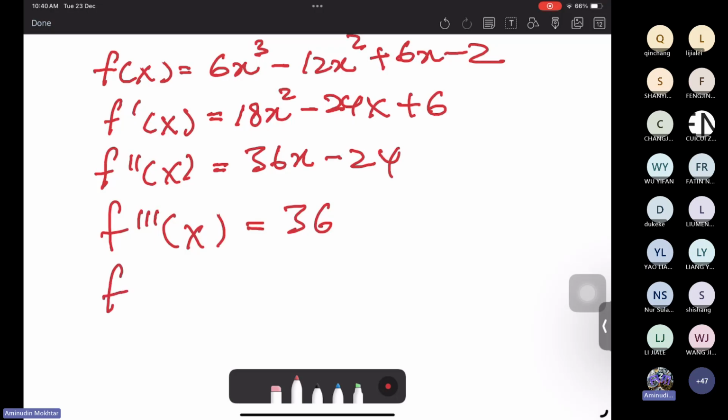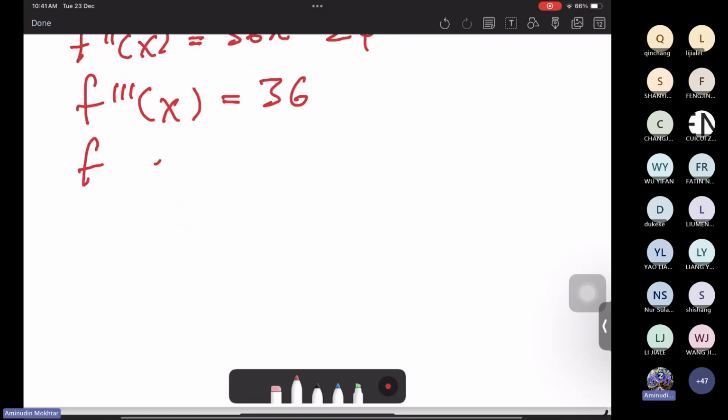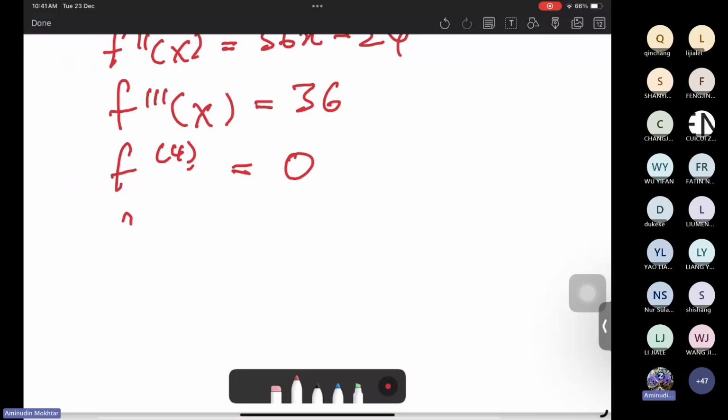The next derivative, the fourth derivative, since 36 is a constant, the answer is 0, and so on. The fifth derivative would also equal 0. That's the higher order of derivative.